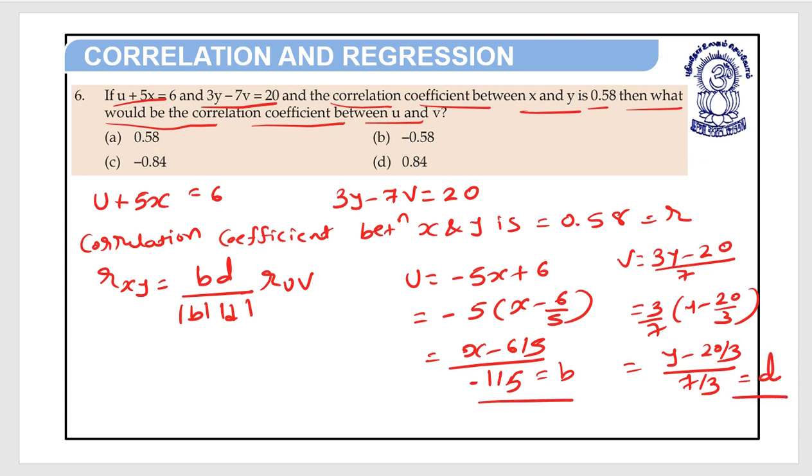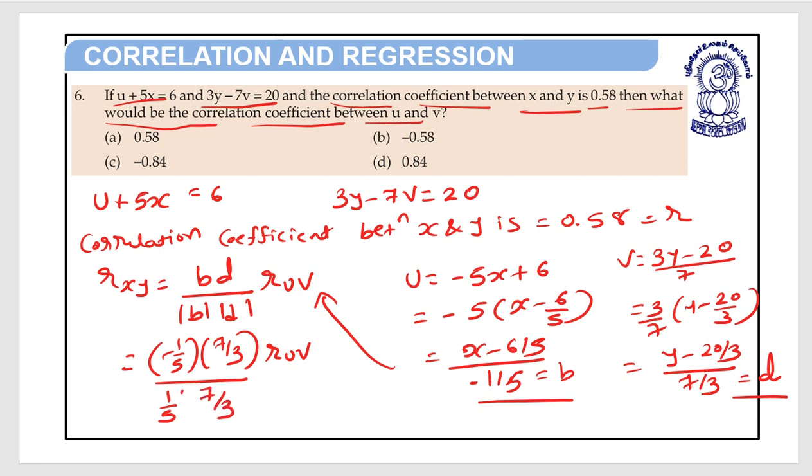Put the value of b and d into this formula. So b is minus 1 by 5, d is 7 by 3, ruv upon mod b mod d. So it becomes positive 1 by 5, 7 by 3. And here rxy is 0.58. That is cancelled.